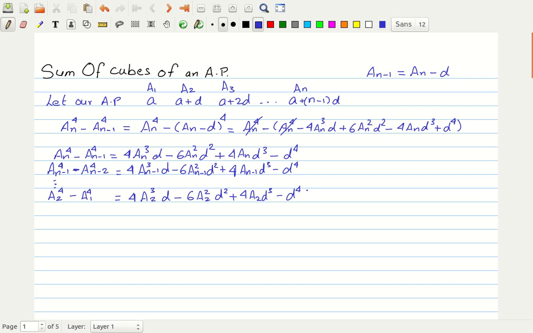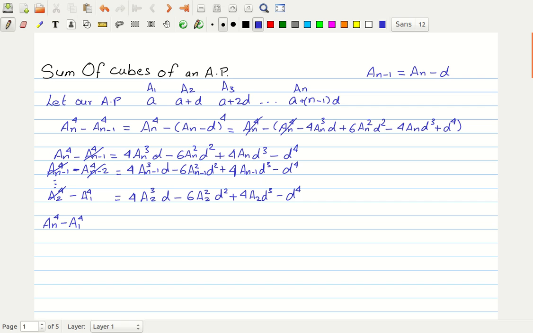Right? Now if I add all this, what do I get? This will cancel with the next row, and similarly a2 to the power 4 will cancel with the previous row, and all you will be left with on the left hand side would be a n to the power 4 minus a1 to the power 4. So you are left with a n to the power 4 minus a1 to the power 4.